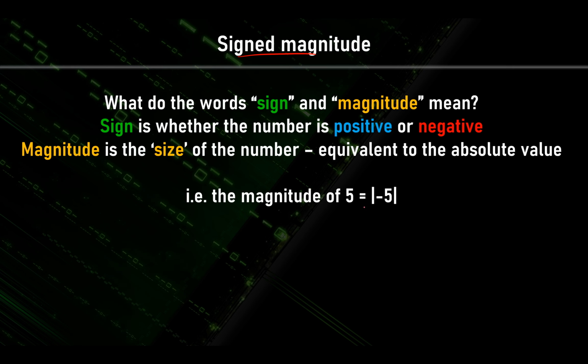If in maths you're familiar with absolute values, absolute value just means positive only. So if we say the absolute value of -5, that's just removing the minus, so 5 is equal to the absolute value of -5. Basically, magnitude is just ignoring the sign.